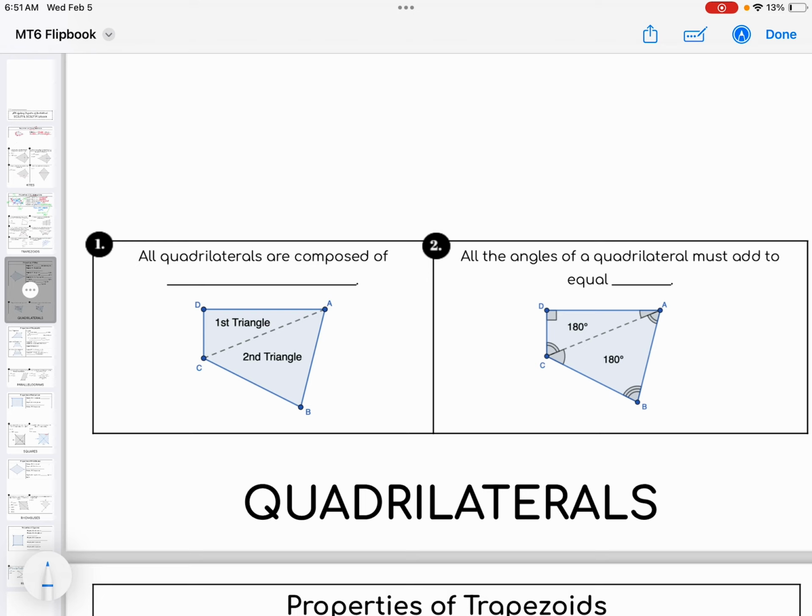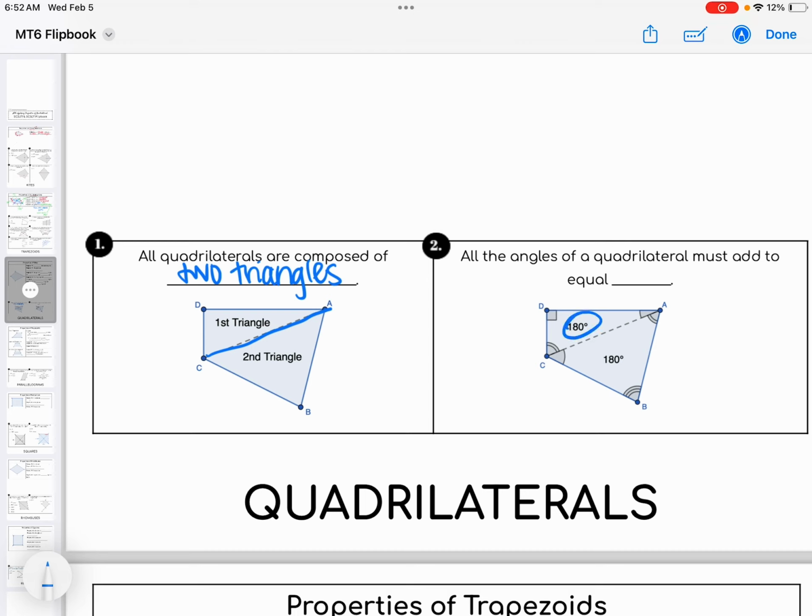So in a quadrilateral, when you have four sides, those four sides together are going to make two triangles. This is helpful because we know that in a triangle, the interior angles all have to add up to be 180 degrees.